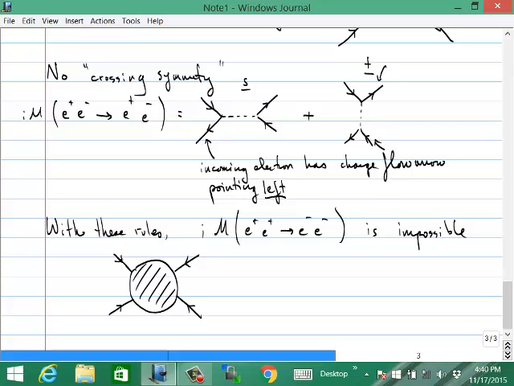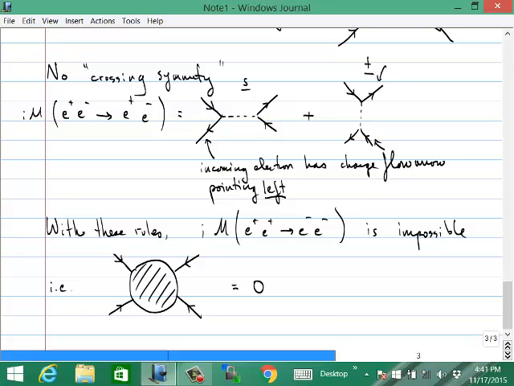I challenge you to prove that there is no such graph with that property. And in order to prove that, you'll need to use the fact that all of the various interaction vertices that you would use to build up this Feynman diagram conserve charge. They have the same number of arrows going in as they have going out. So that would be a fun exercise in graph theory.